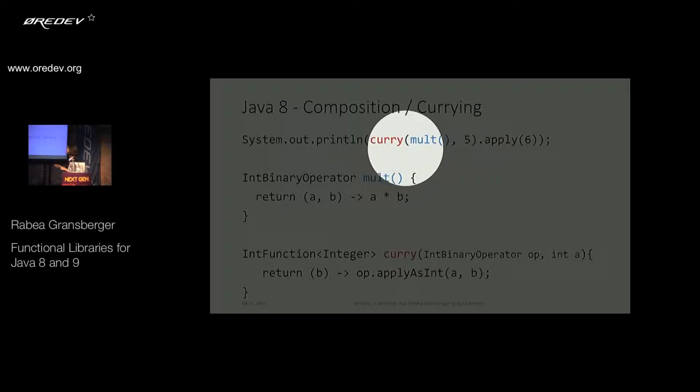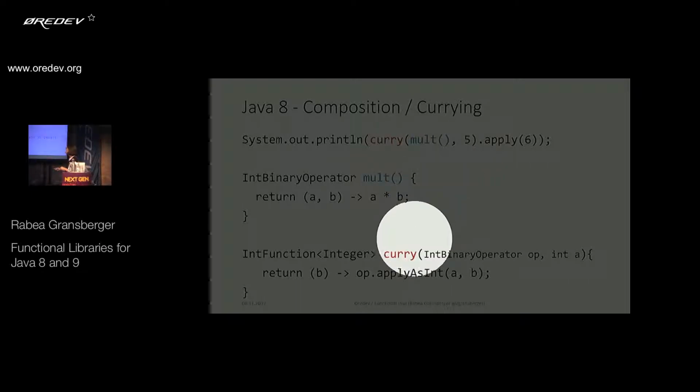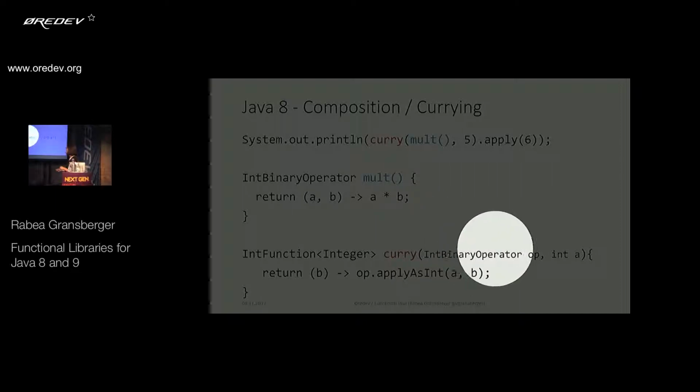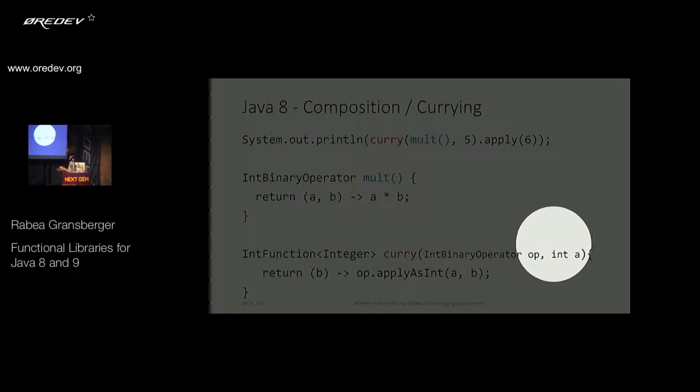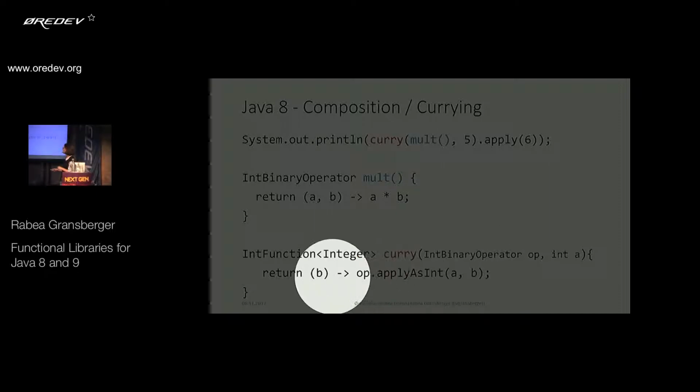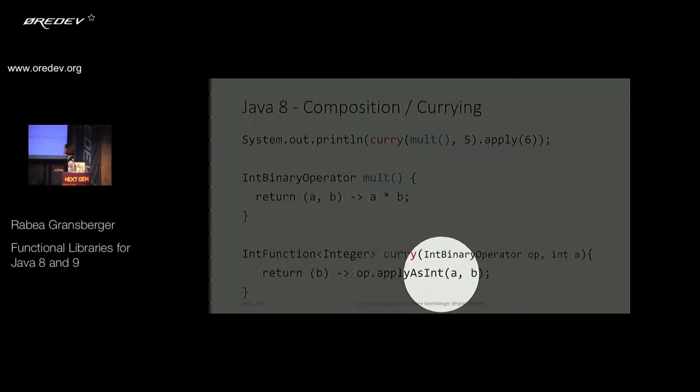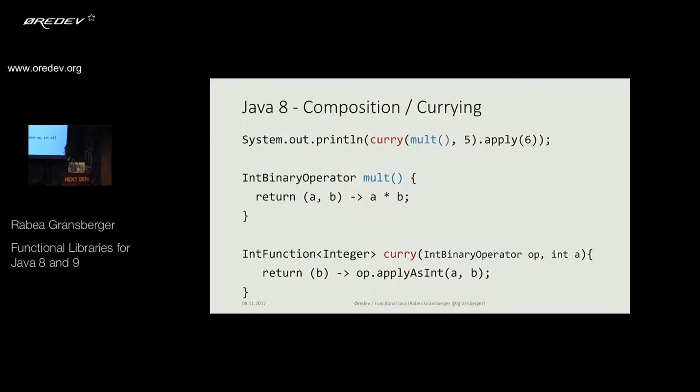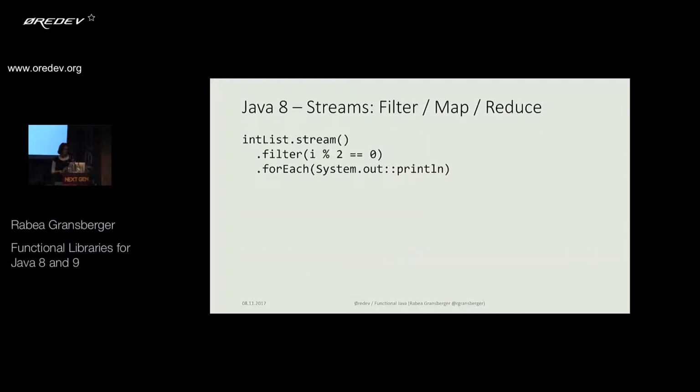And if we call the curry method, which is down here, this takes our binary function and has the parameter 5, and it returns a new function, which is not a binary function anymore, it's just a single-argument function, so it only needs 1 parameter. And we return that as a new function, always fixing one of the values, the first value in this case, to a, which is in this case 5. So if we call all of this, we have 5 times 6. As a result, 30, I hope.